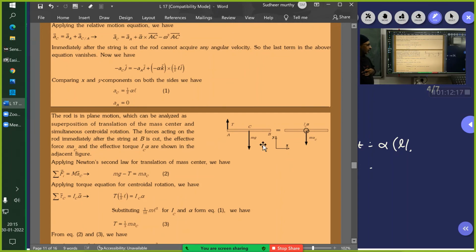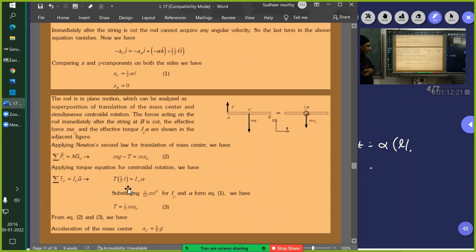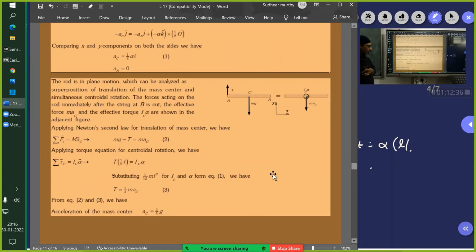These were the equations that were given to us. So T into this is I_C alpha. We also wrote this equation, and substituting this for this, we got T equal to 1 by 3 m a_C, and a_C will be equal to 3g by 4.